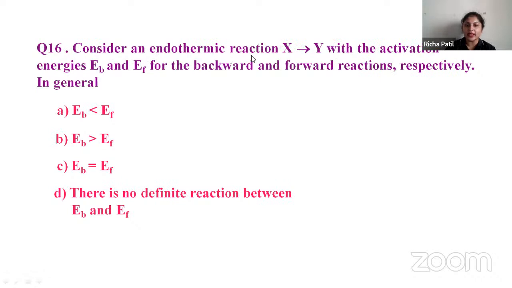Consider an endothermic reaction giving X to Y with activation energies EB and EF for the backward and forward reaction respectively. In general, remember, for an endothermic reaction, always EB is less than EF.